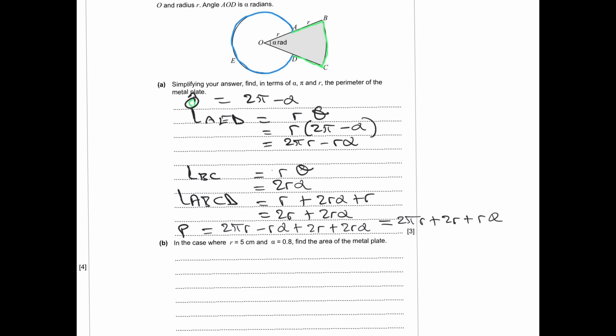So for us to get the area of this metal plate, it's very important here to consider the fact that, if I may complete my circle here so that we can have a full circle, my area for the metal plate will be that, plus this part here, the remaining part.